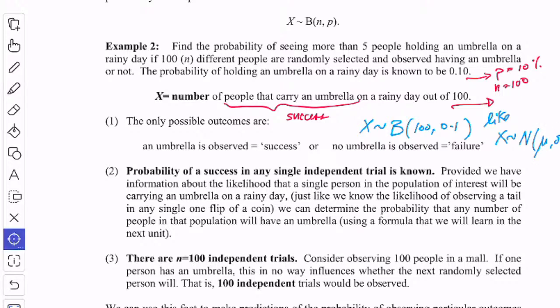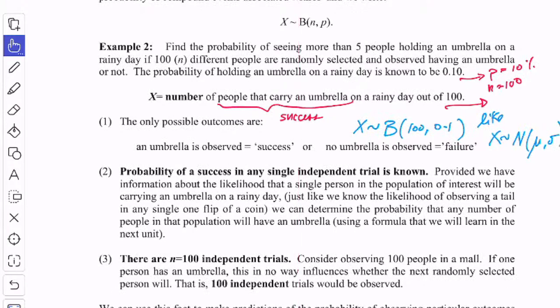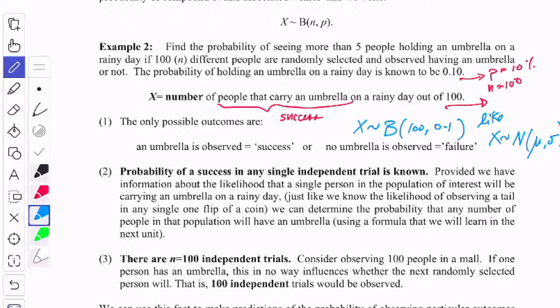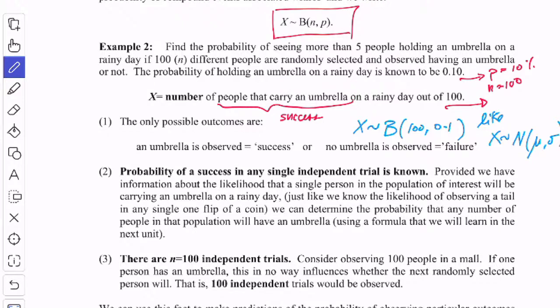The idea there is, if I know mu and sigma, I know the pattern of the distribution, and I can compute estimates of certain outcomes occurring. So here, if I know p and n, similarly, I'm going to show you in Unit 5 how we calculate probabilities of certain things occurring. Okay, so you guys can review that.